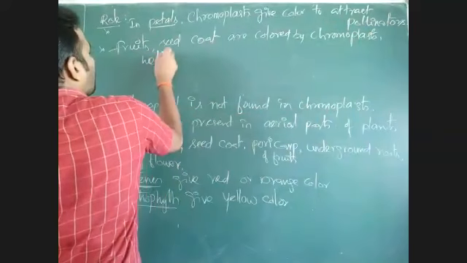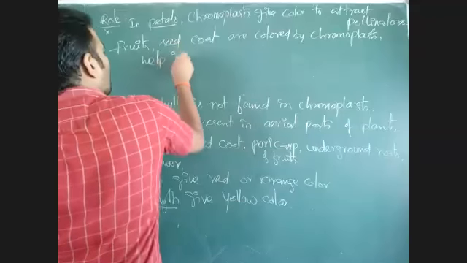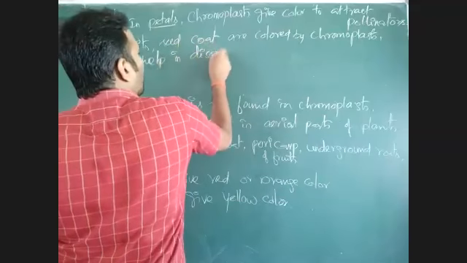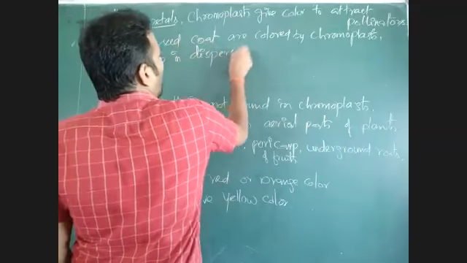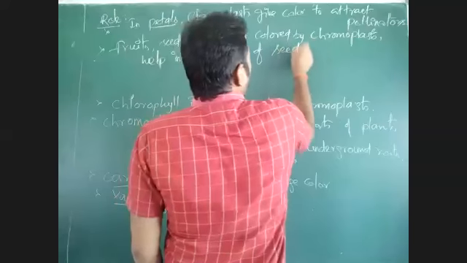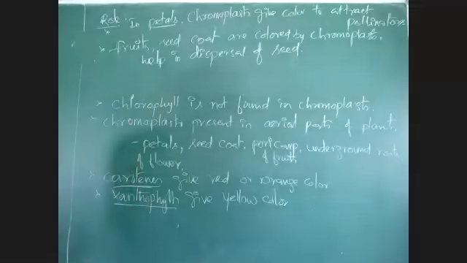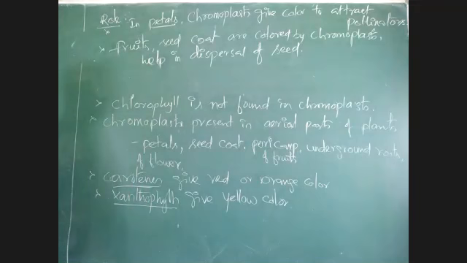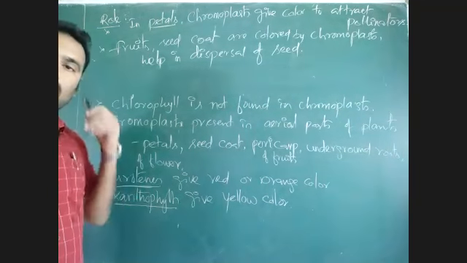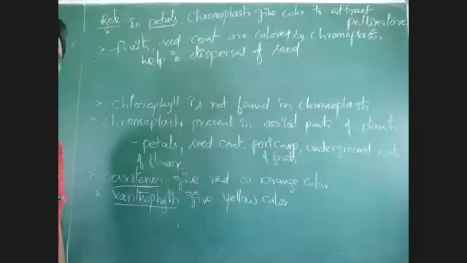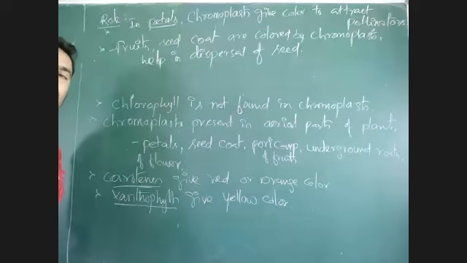They help in dispersal of seed. Due to the presence of this chromoplast, which contains carotenoids and xanthophylls, the seed coat and pericarp are also colored. That color of the seed coat and fruit helps in dispersal of the seed.